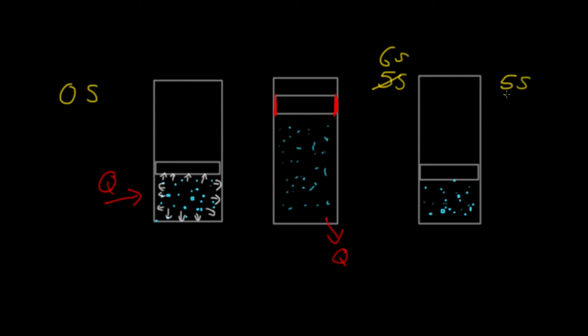But again, this is not the full story. There was friction here as the piston was coming down, right here. So this would have caused it to go up 1 entropy.